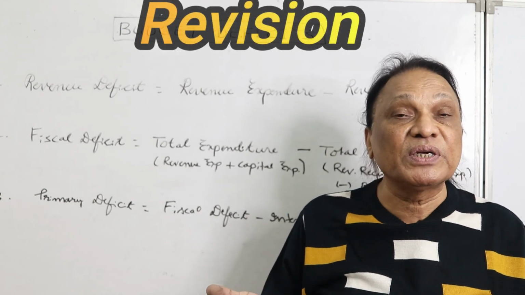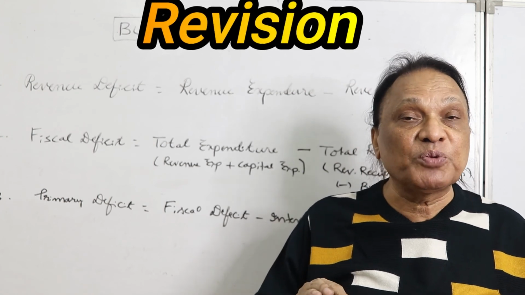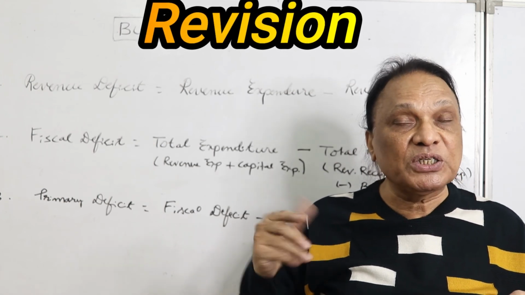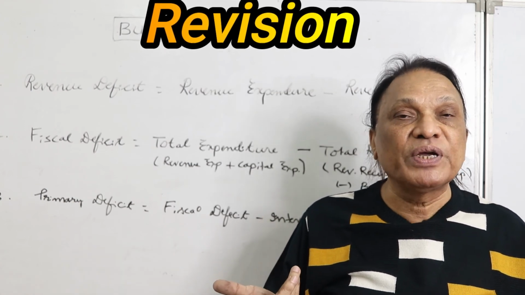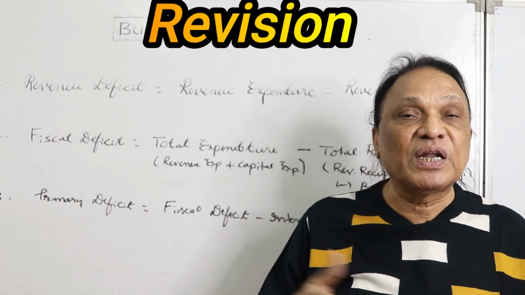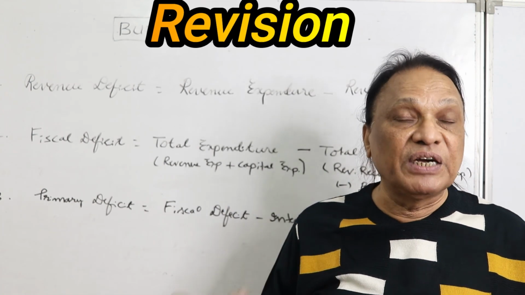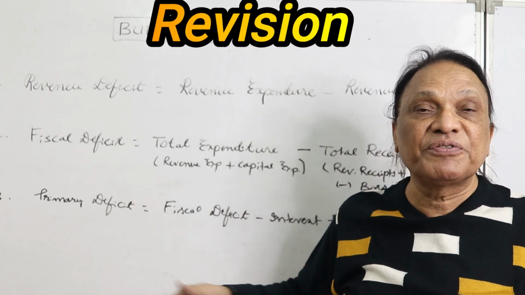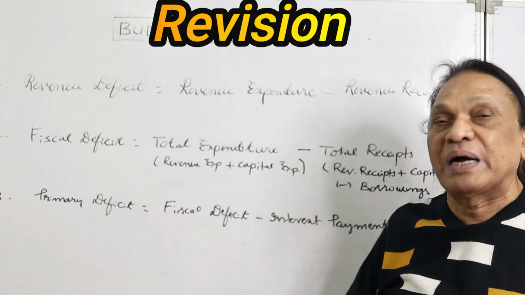Fiscal deficit is the total expenditure of the government, which includes capital expenditure plus revenue expenditure, minus total receipts, which includes revenue receipts and capital receipts excluding borrowings. That means fiscal deficit is nothing but borrowings. And the last one is primary deficit. Primary deficit is nothing but fiscal deficit; after finding out fiscal deficit, you subtract interest payments on the past loans, and you get primary deficit.